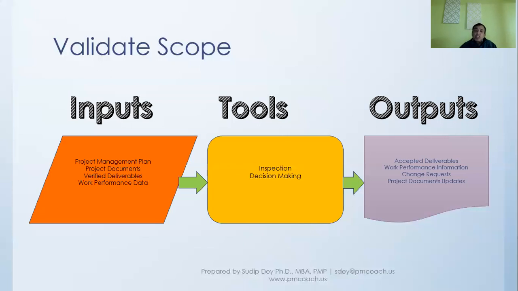Typically, as they are going through, you will not find that everything is fine and there are no issues. It is likely that there will always be some issues, which might result in some changes, and those changes that are requested will come in as change requests.